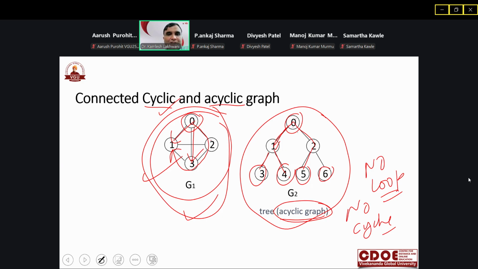You can say 0, 3, 1 and 1 to 0. 2 to 3, 3 to 1 and 1 to 2. We can find a cycle, right? Therefore, it is called a cyclic graph.